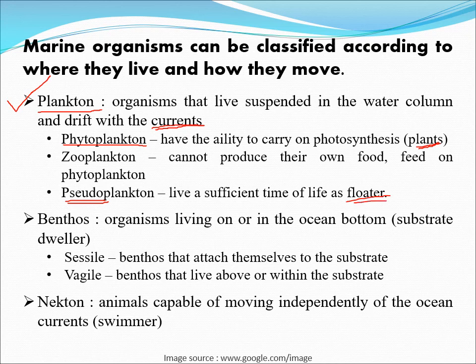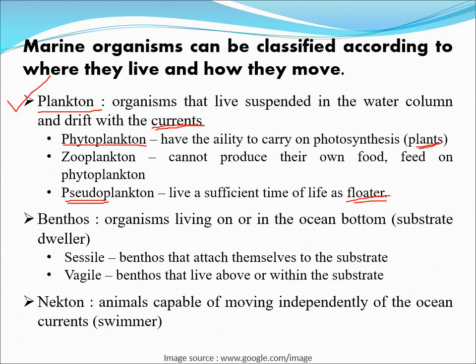So suppose an organism during its juvenile stage, during its early ontogeny, is living as a floater, and in the rest of its time span is living in some other kinds of habitable conditions. So those organisms are known as pseudoplanktons.